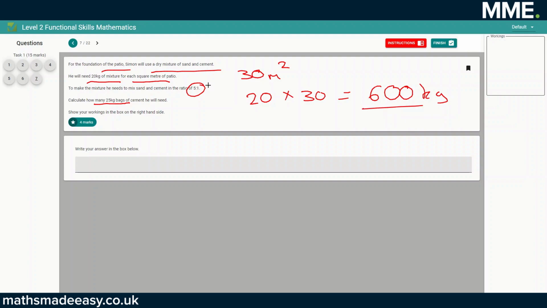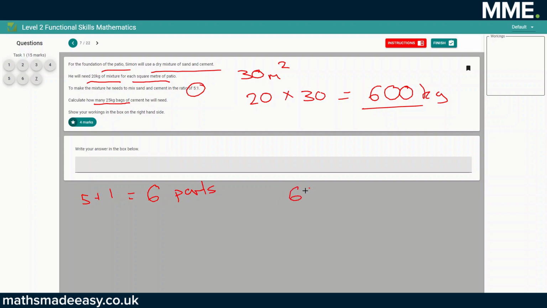And we're also given that the mixture needs to be in the ratio of 5 to 1, with 5 parts being sand and 1 part being cement. So what we're going to do is add the 2 parts together. So we're adding 5 plus 1, so you get 6 parts in total.